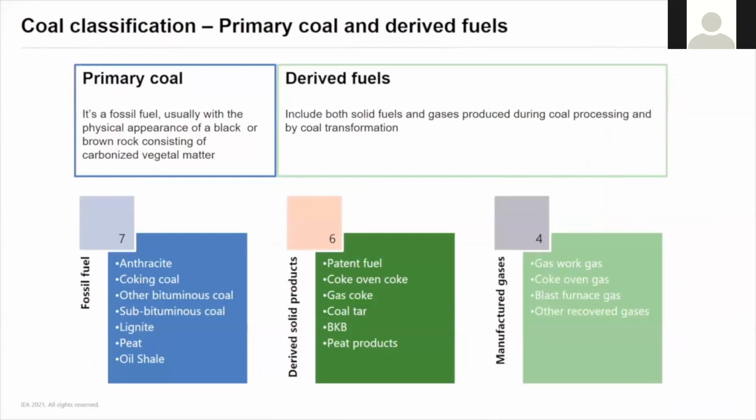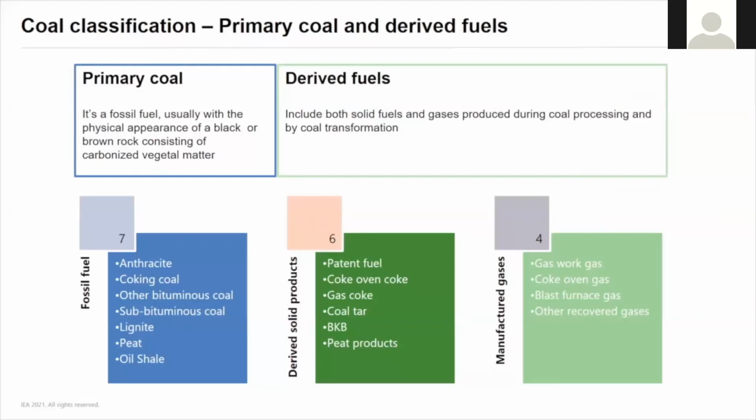So those five types of coal that we discussed in the previous slide are what we also call primary coal: fossil fuel extracted from a mine and made of carbonized vegetal matter in the form of a rock. But it is not the only product that we cover in coal.